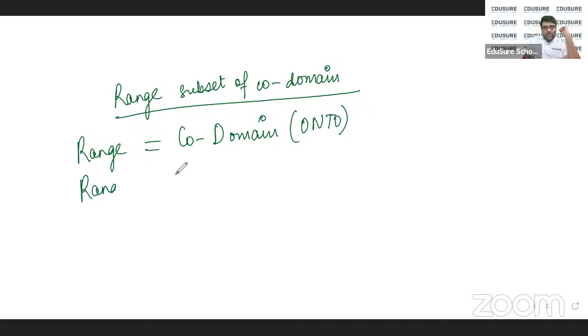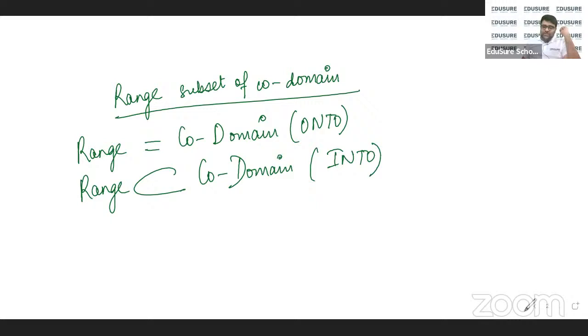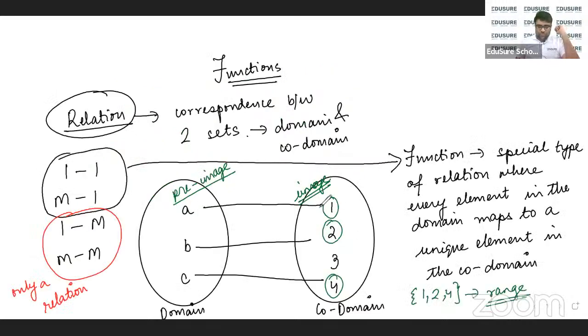When the range is a proper subset of the codomain, it's called an into function. So our example here is an into function. Why? Because 1, 2, 4 is the range, 1, 2, 3, 4 is the codomain. So at least one element in the codomain is not a part of the range.